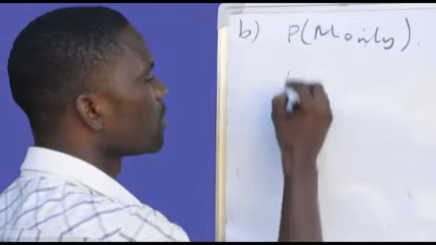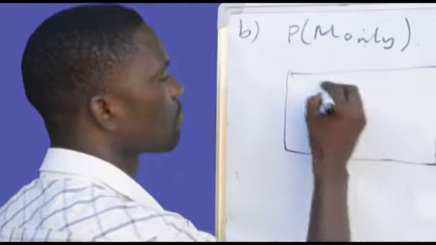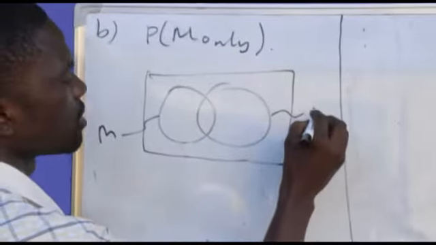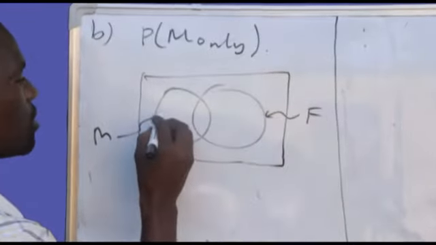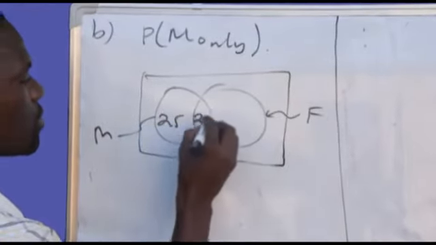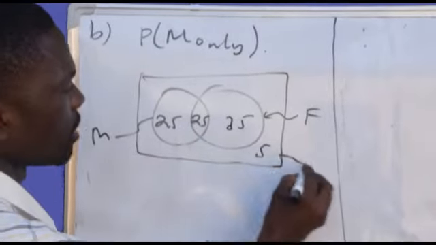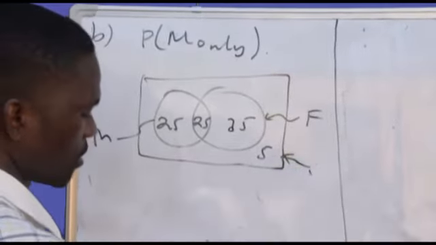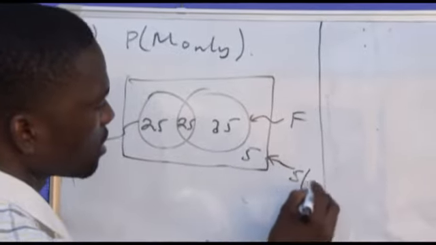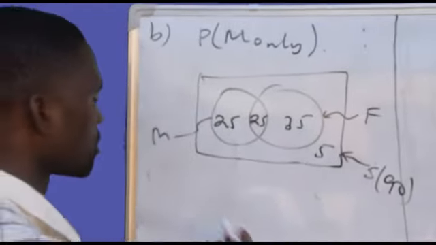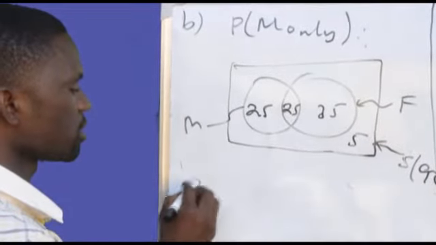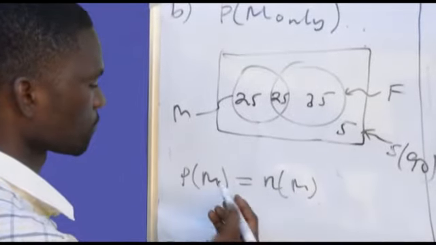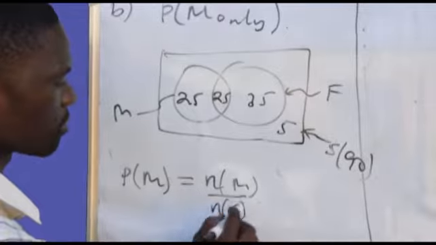If you remember the diagram, this is set M, this is set F. Here is 25, here again 25, here 35, and this one is 5. This whole set has 90 students.